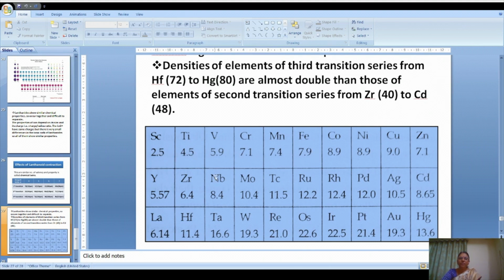When we move from the first transition series to the second transition series, there is a small increase. But if you see zirconium, hafnium, niobium, tantalum, molybdenum, tungsten, the densities are almost double, and this is the effect of lanthanide contraction.